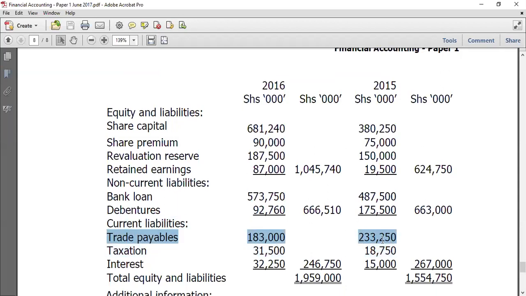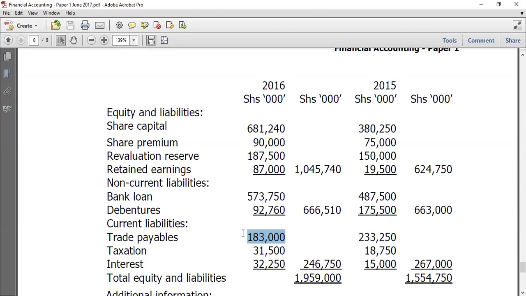As you can see, we had 233,250 at the start of the year, okay? And then we ended with 183. So it means that the people that we owe that we started with are way higher compared to what we ended with.